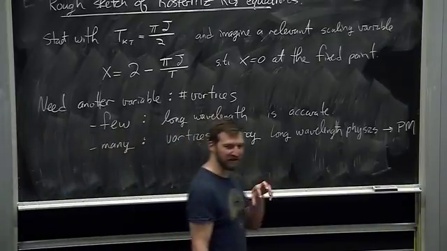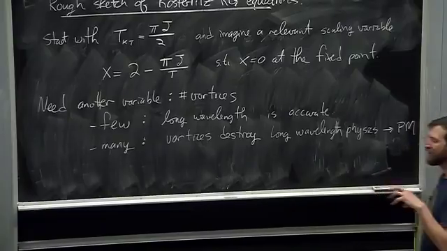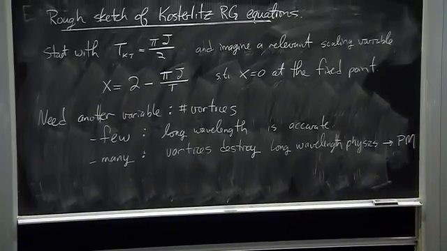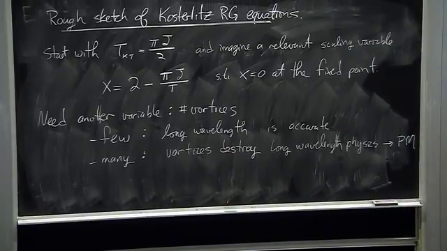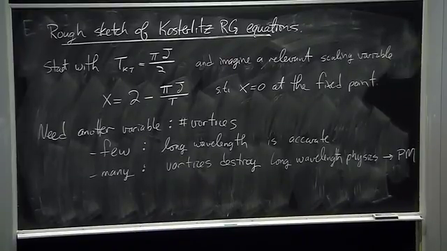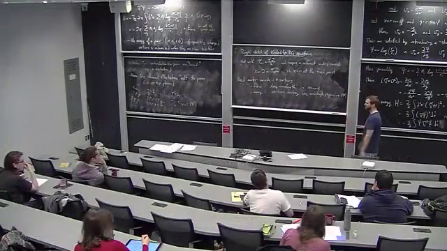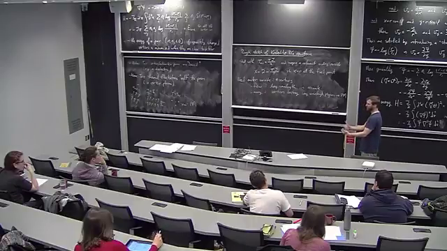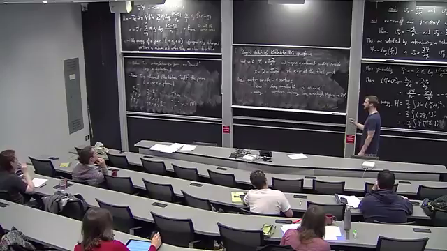So a magnetic field isn't the right variable, but it's the right idea. So what a magnetic field does is somehow promote, in the Ising model, spins to align. So I need something that promotes vortices to either appear or disappear.